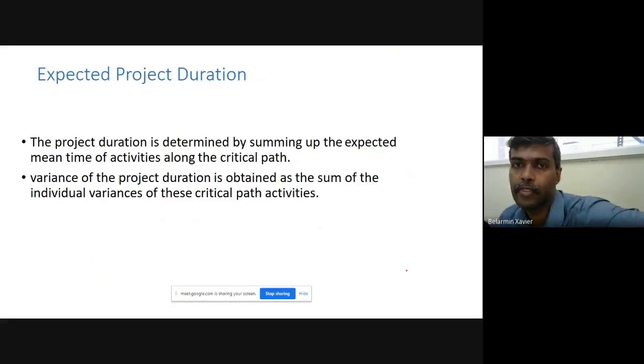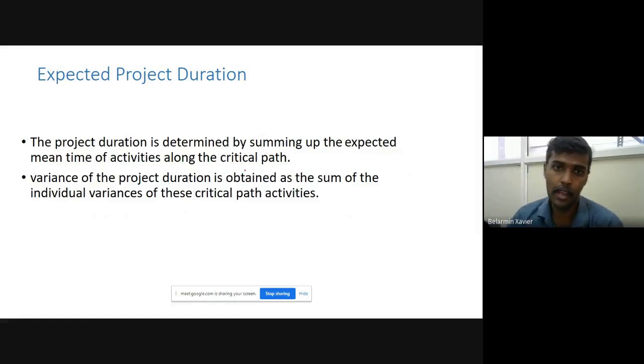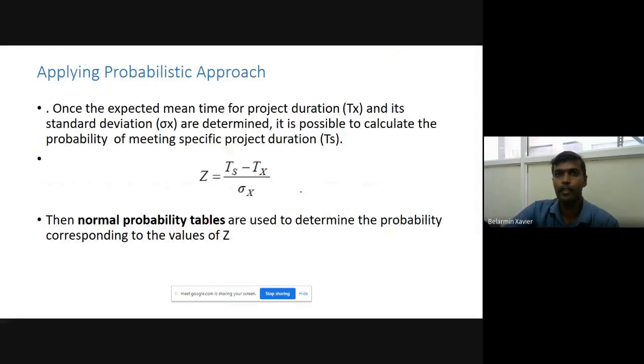How to find the expected project duration? The project duration is determined by summing up the expected mean time of activities along the critical path. Variance of the project duration is obtained as a sum of the individual variances of these critical path activities. Applying the probabilistic approach.